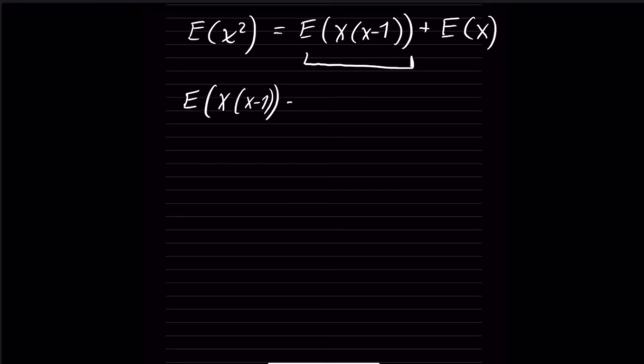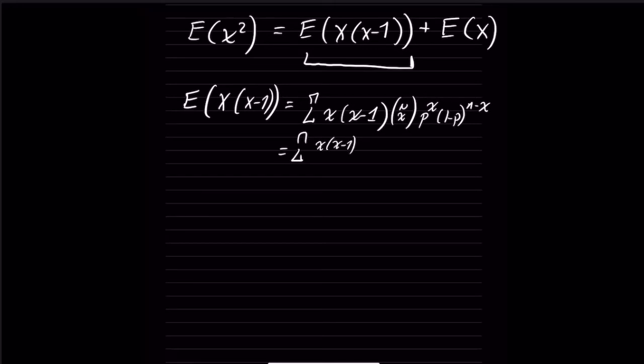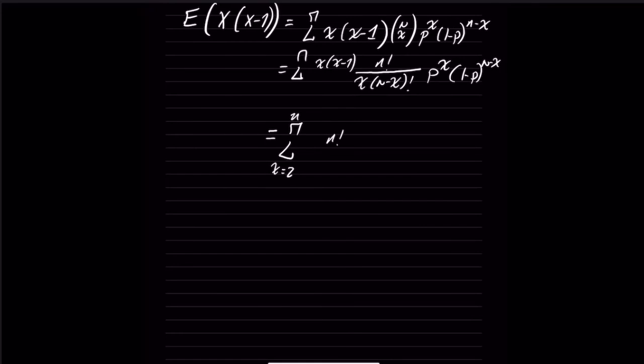So we can say the expectation of x times x minus 1 equals the sum, and so if we factor out two lower terms, we now get the sum from x equals 2 to n.